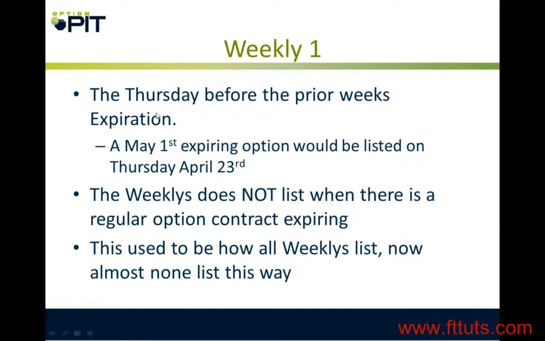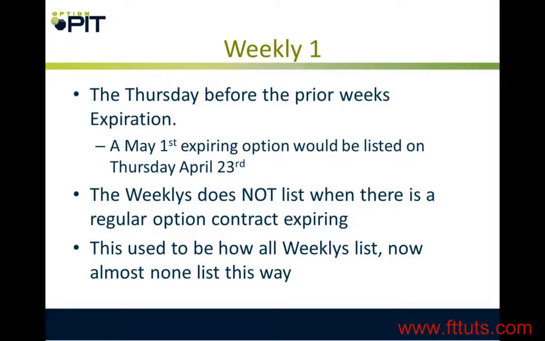The weekly does not list when there is a regular option contract. So expiration is May 15th this month, and so there won't be one that lists on May 7th.